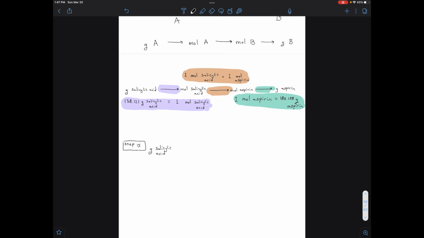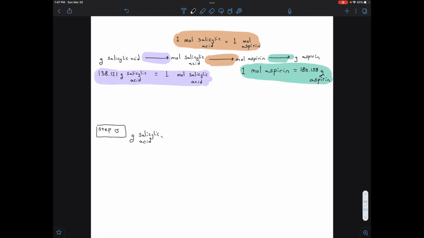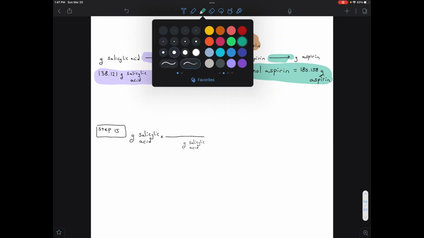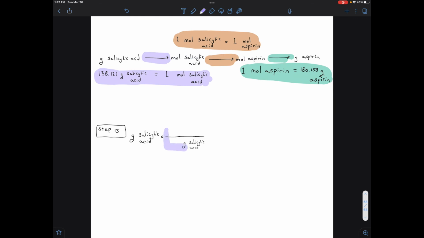Every time you do a conversion, you write a multiplication sign, a fraction bar, and the units that you start with are going to go on the bottom of that fraction because you want them to cancel out. When you do a conversion, you want the units to change. So that means the units you have to cancel out. So you're going to fill in that first fraction with our first conversion factor.